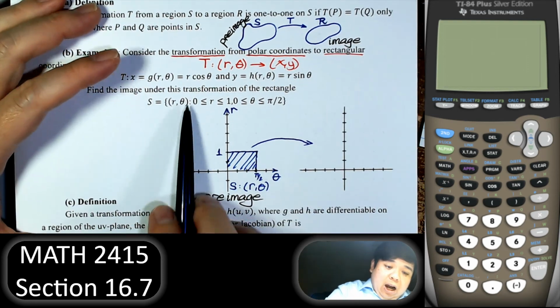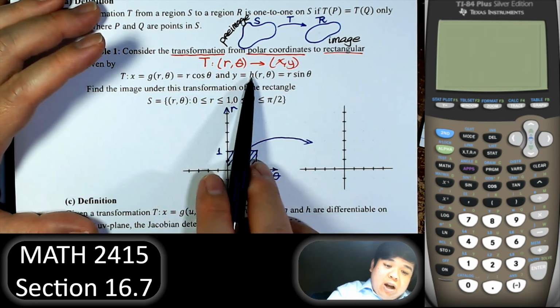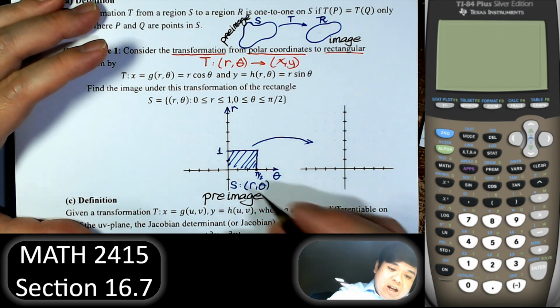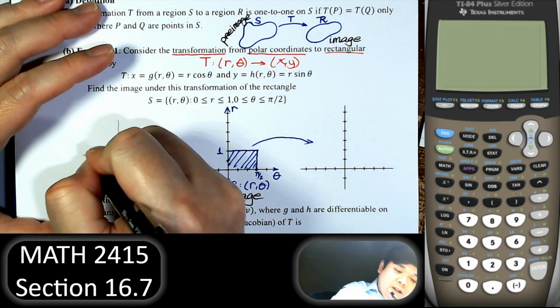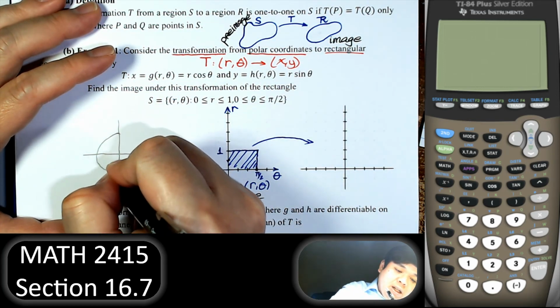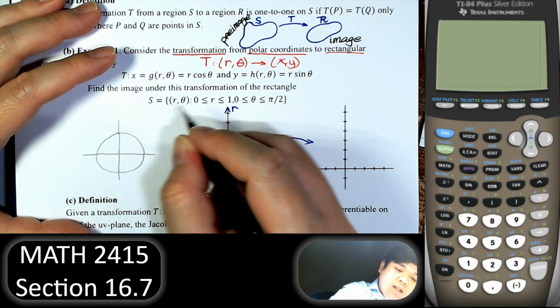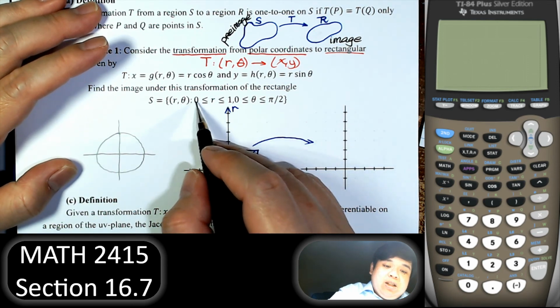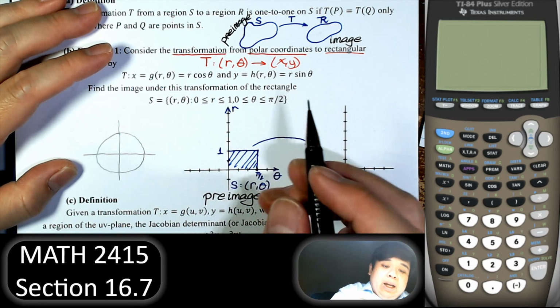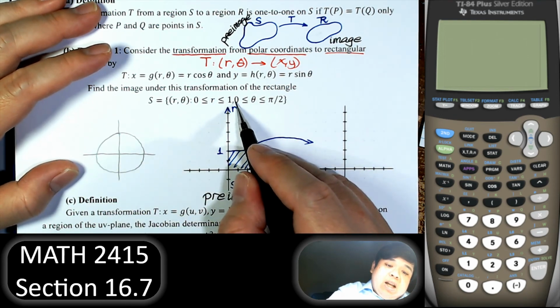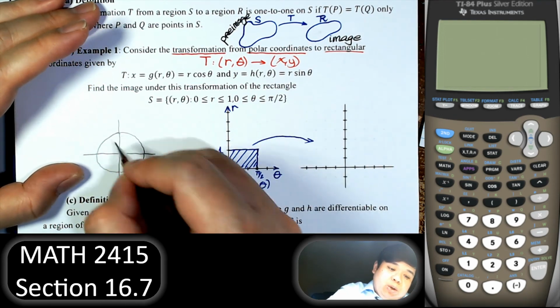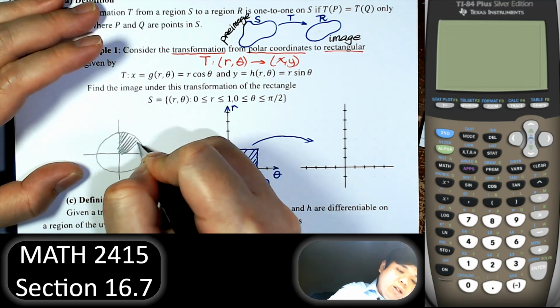Since x equals r cosine theta and y equals r sine theta, that's pretty standard, and r is between 0 and 1, meaning it has to be in the unit disk, a disk of radius 1. But the angle is only between 0 and pi over 2, so we only talk about the first quadrant.